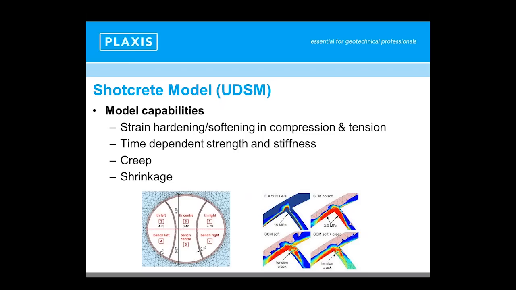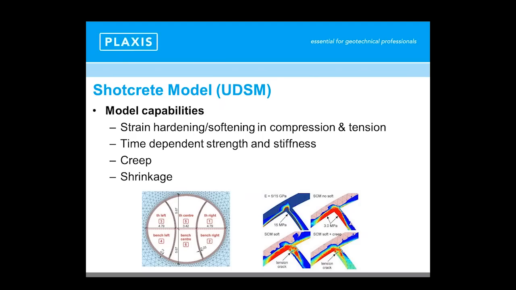First, the possibility to take into consideration strain hardening or softening in both compression and tension, which is particularly relevant for modeling concrete material in general, Shotcrete in particular. So worth mentioning that this Shotcrete model could also be used for the purpose of modeling concrete, mature concrete. Concrete being considered as a mature Shotcrete, basically.